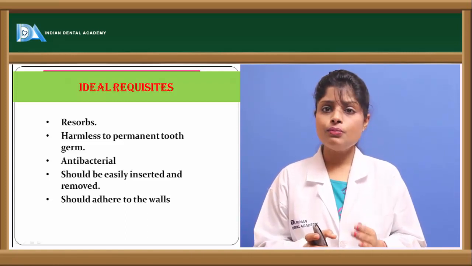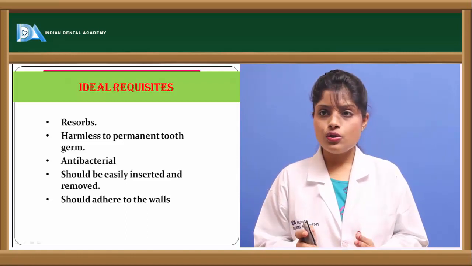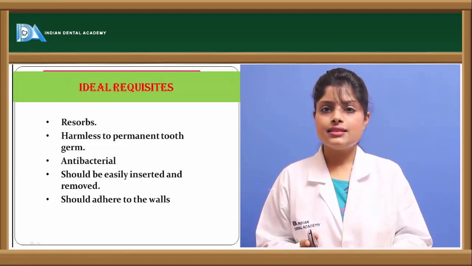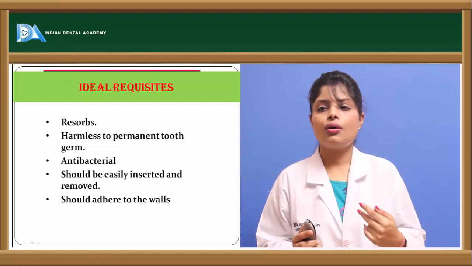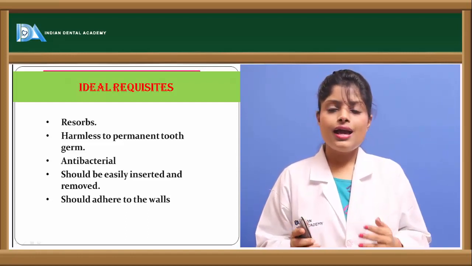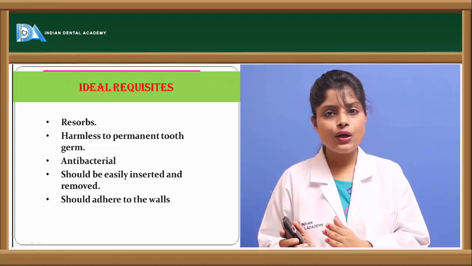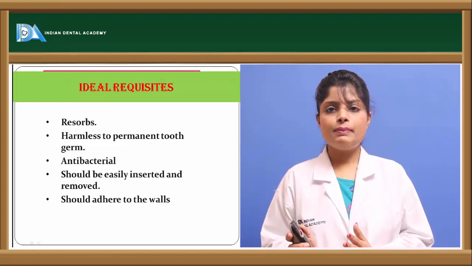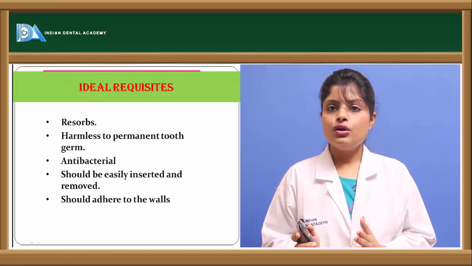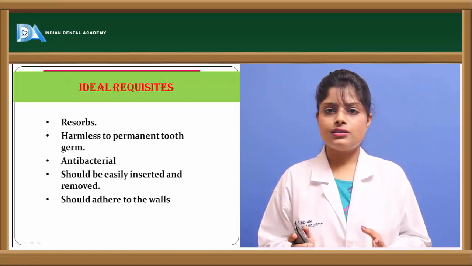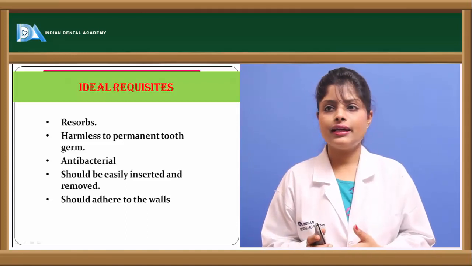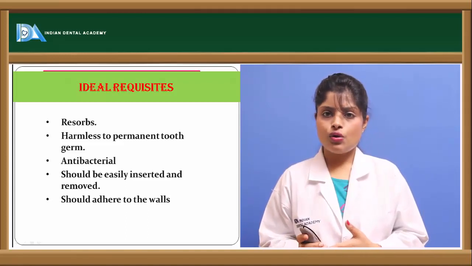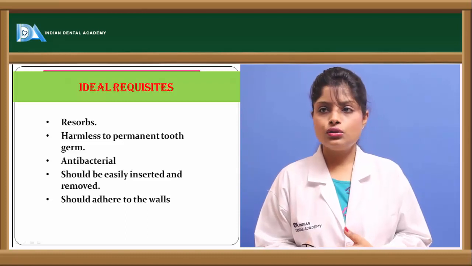Furthermore, it should be easily inserted into the canal and easily retrieved or removed from the canal. It should adhere to the walls of the pulpal canal, so as not to leave any voids in the canal. It should also not discolor the tooth structure.